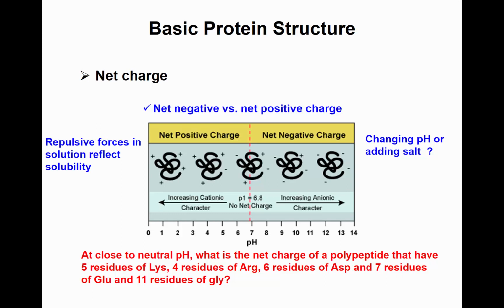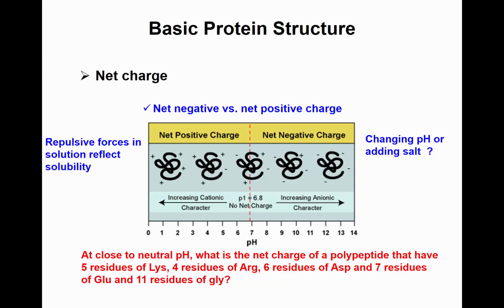The amine group and the carboxyl group cancel each other at neutral pH. So if we add them, 5 pluses and 4 pluses, that's 9 pluses, and 6 and 7, that's 13 minuses, and no net charge from glycine. So with simplistic math, it would be a net negative 4 charge.